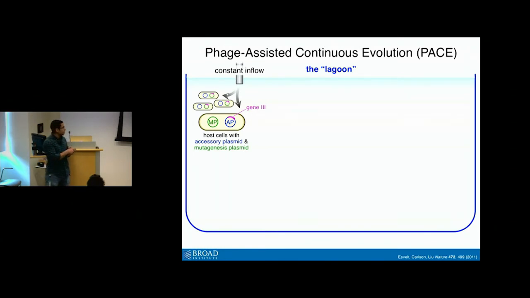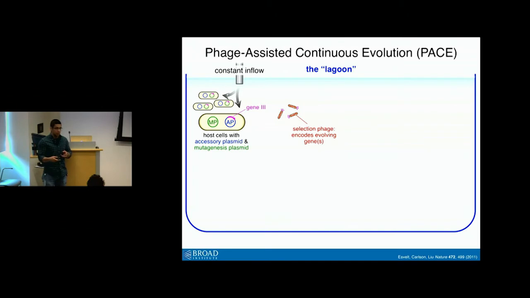The first is that they encode the circuit, which will then be responsible for telling us if the activity does or does not exist, which we call the AP or accessory plasmid. They also encode these mutagenesis plasmids, which I just described, which enable us to increase the mutation rate in the system. So these cells are constantly inflowed, and we initiate a PACE experiment by seeding with selection phage that encode the gene that we want to evolve on the phage genome.